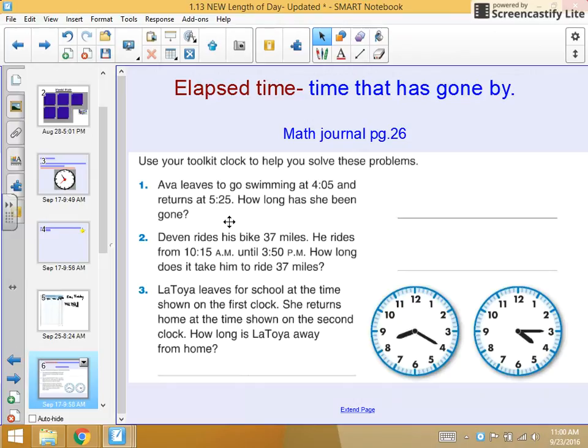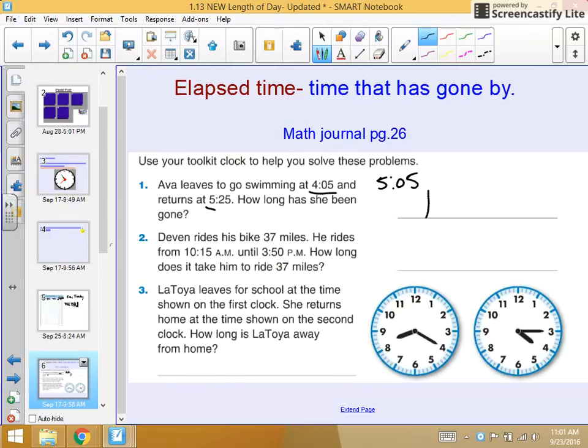Again, when we're doing this elapsed time, if we simply start at our start time and then count up the hours first to the next available time, so 4:05, 1 hour later would be 5:05. So that's 1 hour. If I go 2 hours, it would be 6:05, and that's past when Ava returns.